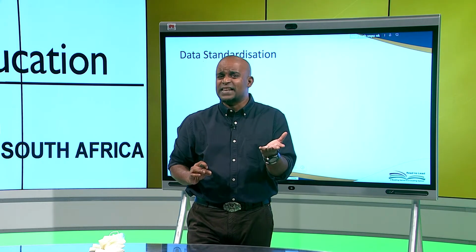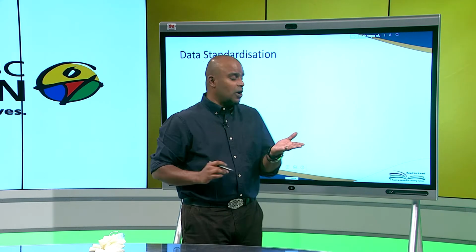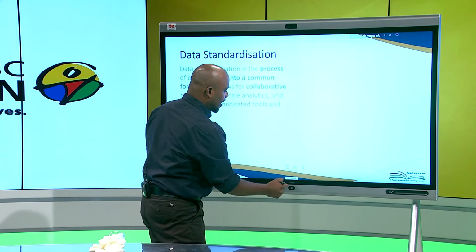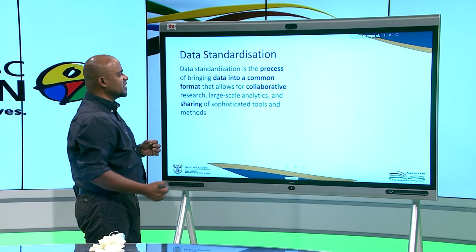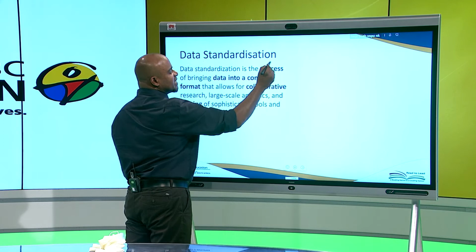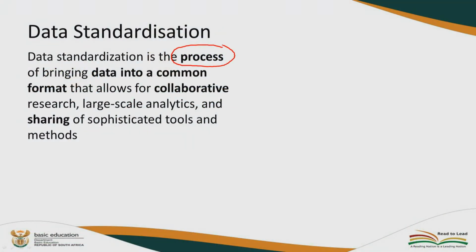Let's look at data standardization in terms of how we use it on topographical maps. Firstly, the definition. Data standardization, again, is a process. Now note the keywords: into a common format that allows for collaborative research as well as sharing.